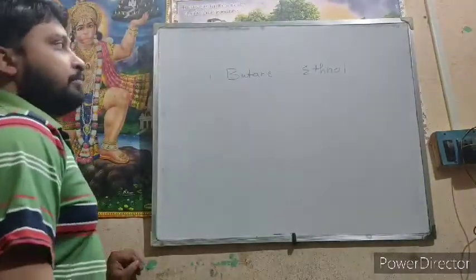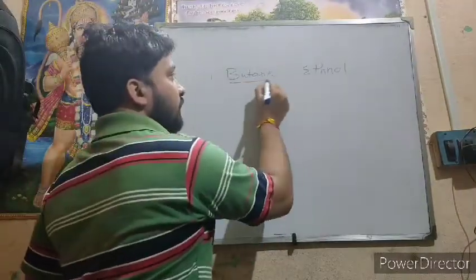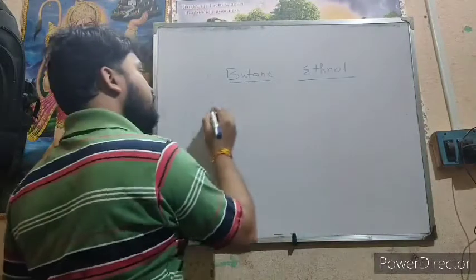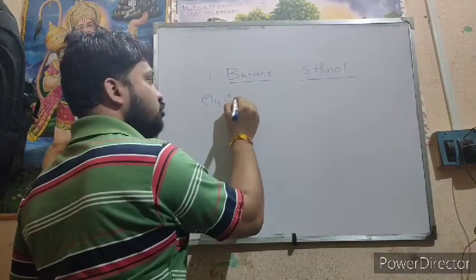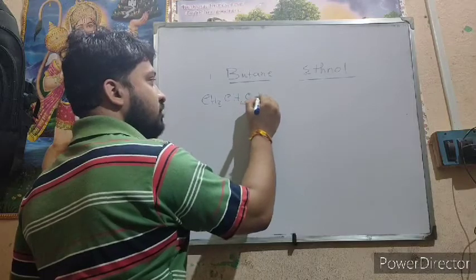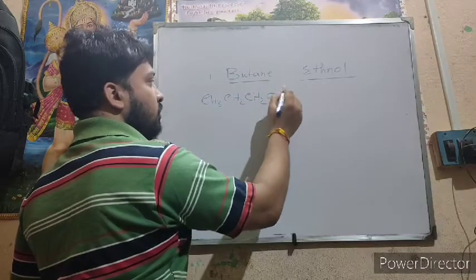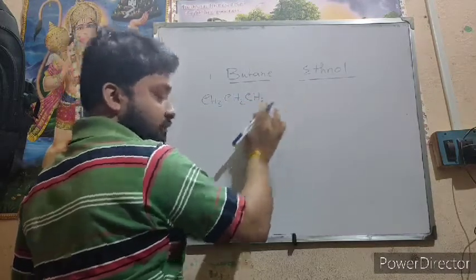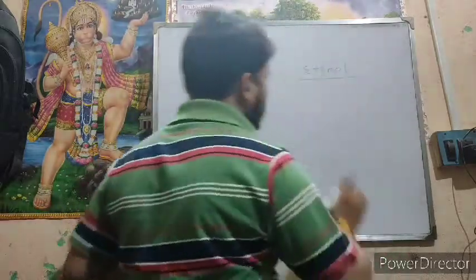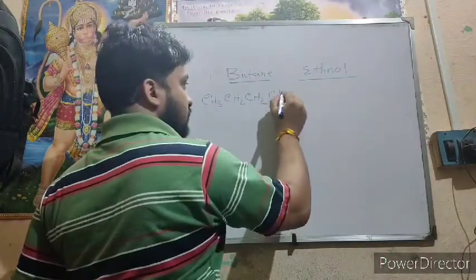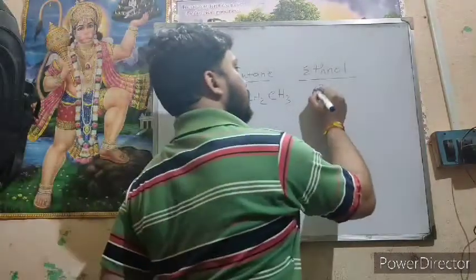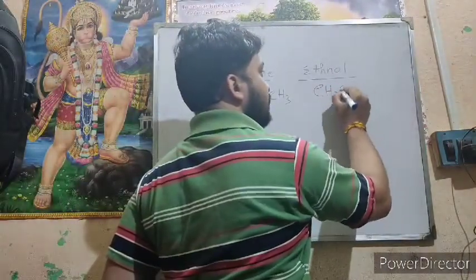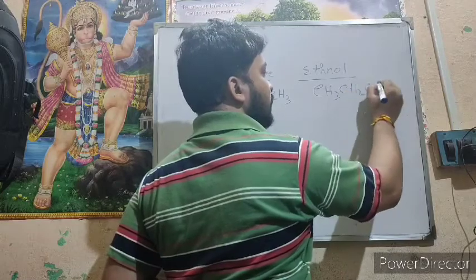If we compare these, butane means CH3, CH2, CH2, CH3, and ethanol is CH3, CH2OH.